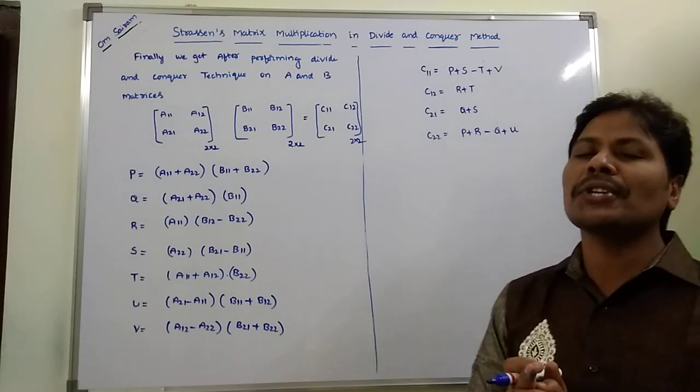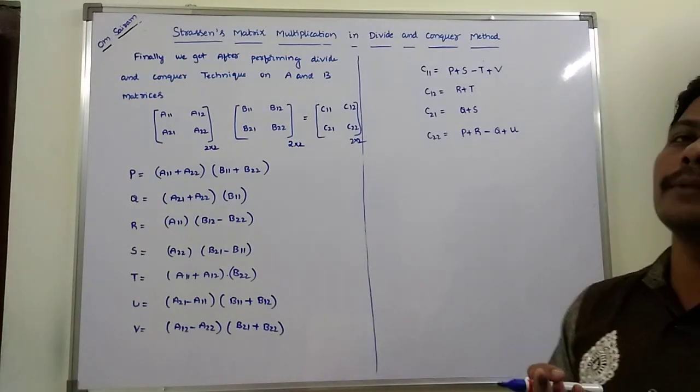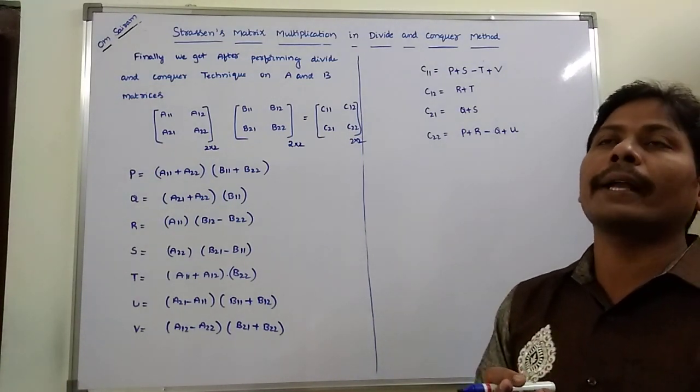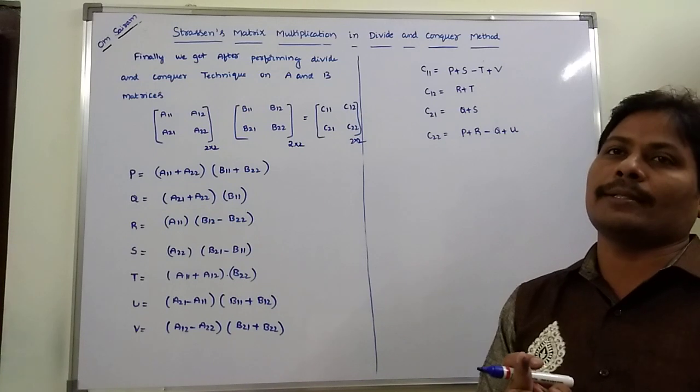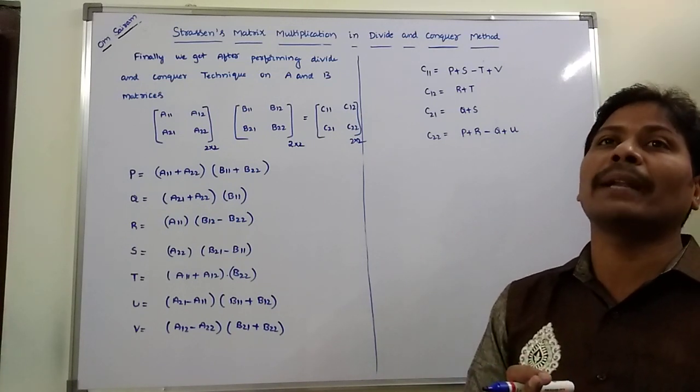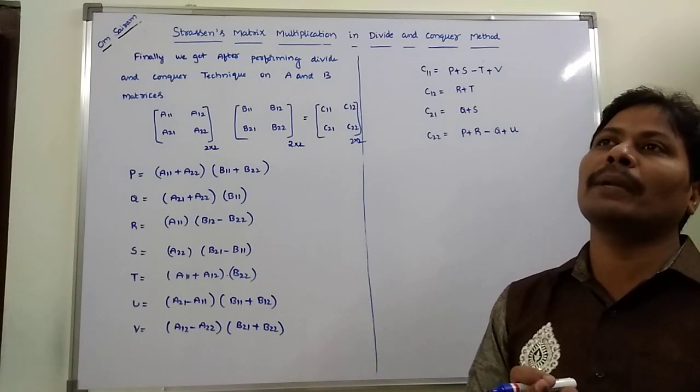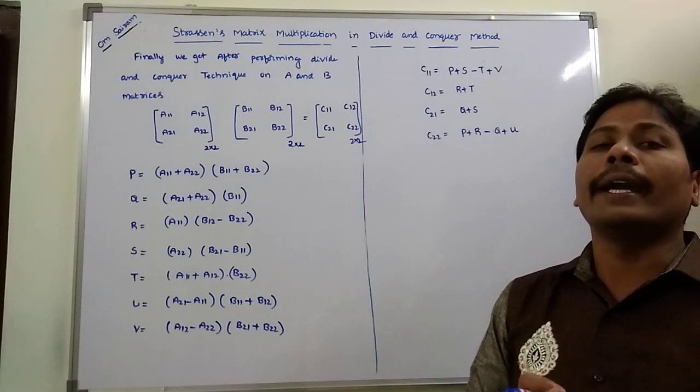In the conventional matrix multiplication, we require 8 multiplications and 4 additions.